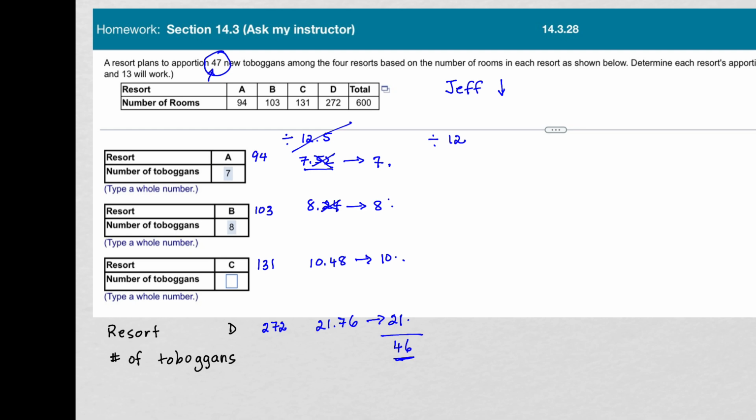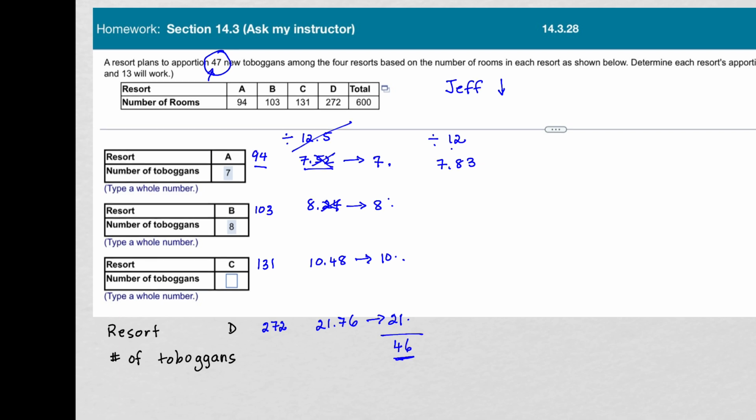Okay, so now I'm going to take 94 divided by 12, and that gives me 7.83. And 103 divided by 12 gives me 8.58.